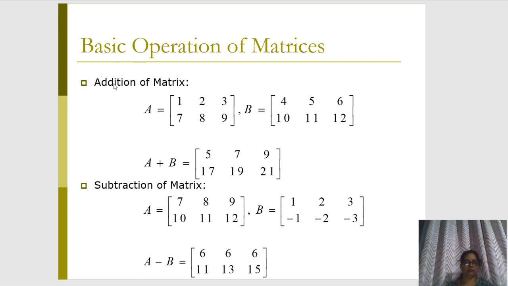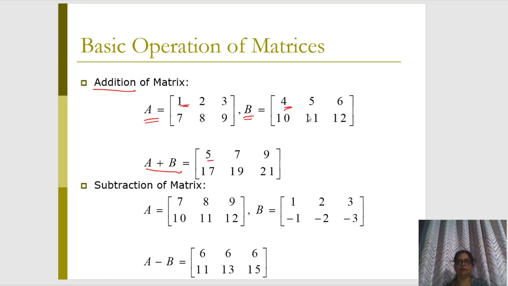Basic operations of matrices, addition. Now for this we consider A matrix and B matrix and the addition of these. The condition is that order should be the same. Here 2 by 3 order, here 2 by 3, therefore we can add A plus B. Addition is very easy. Here we add the first elements, 1 plus 4, its value 5.